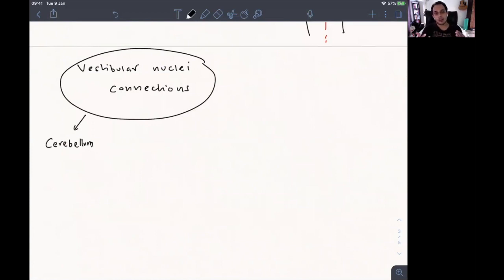What other part would want to know? Your eyes would, because depending on where your head is turning, your eyes will also have to move accordingly. If you are looking at a particular point and your head turns from one side to another, you are still able to keep your eyes focused on that point. The reason is that your eyes are continuously getting information from your vestibular nucleus about the speed at which your head is turning.